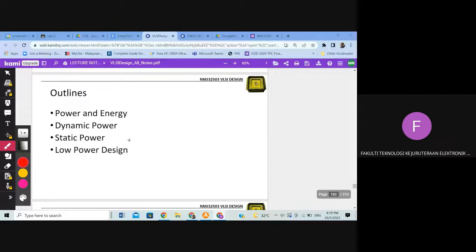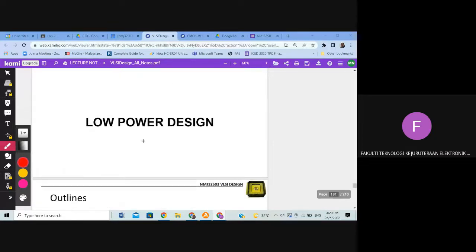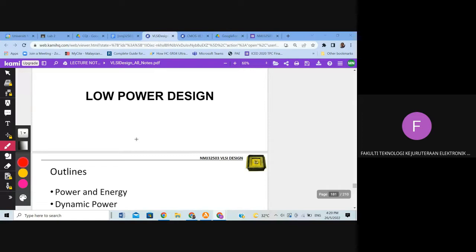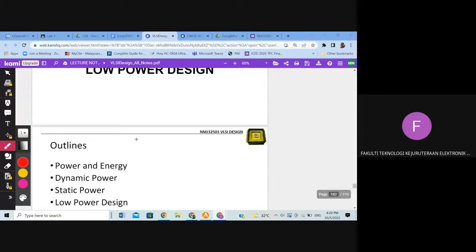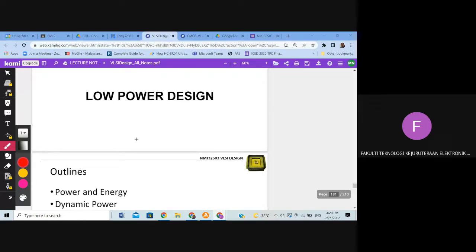So we continue. I believe this is the last chapter of our course, low power design. Why is this topic very important? I think all of you already understand what low power is, and why you want it to be as low as possible.